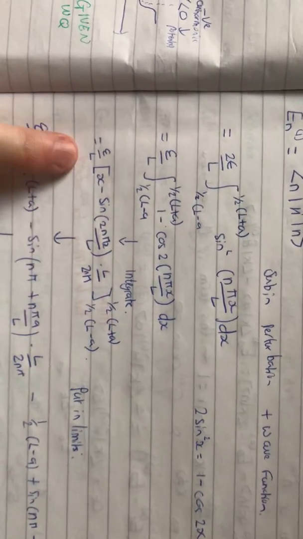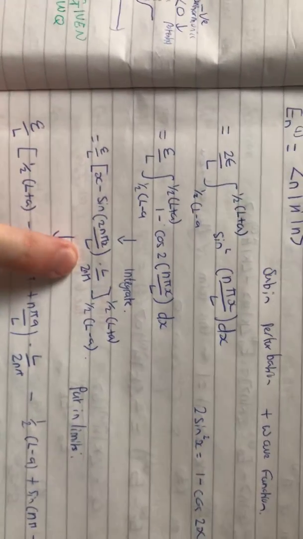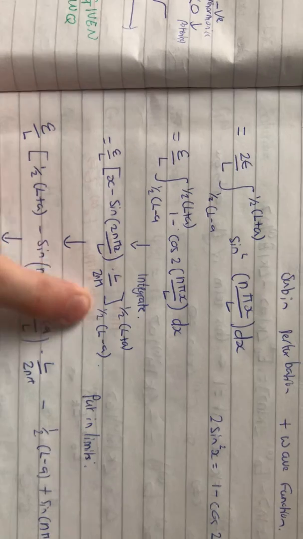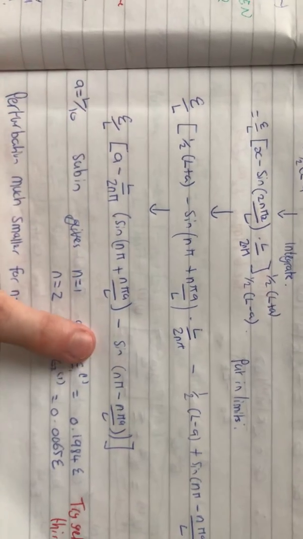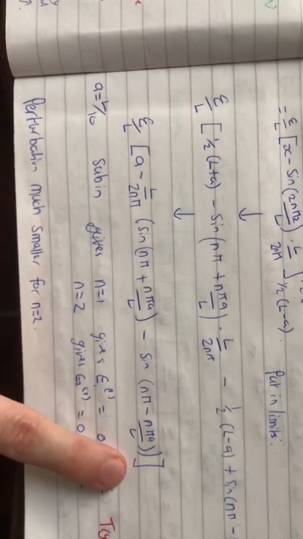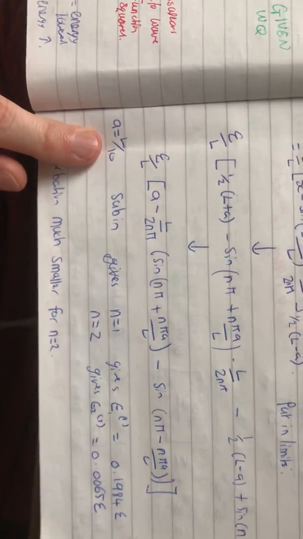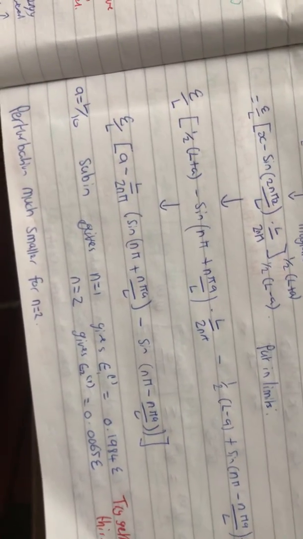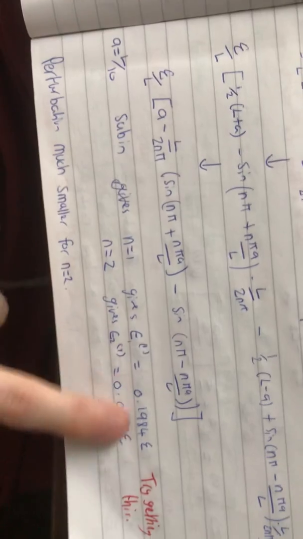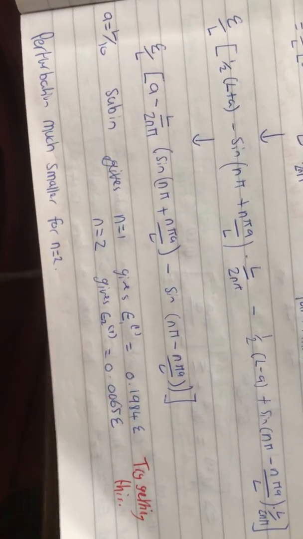Once we integrate it, we get this, which we've done many times before, and then we can sub in our limits, which is all of this mess. And once we clean it up a little bit, we get this. When A is equal to L over 10, we can get all of this, and these are the examples.